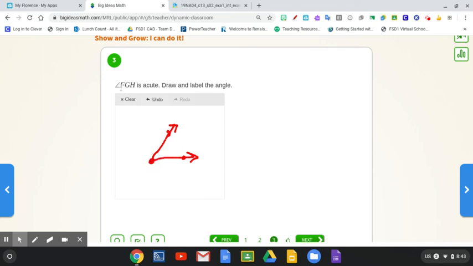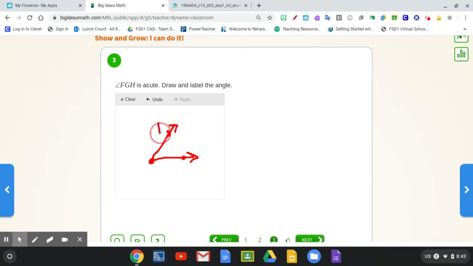So now we have angle FGH. Now we can start at one side of the ray and then work our way to our vertex and go to the next point on the next ray. Or we can start at the top and kind of work our way down here to the second ray. But I'm going to choose to do it from here.